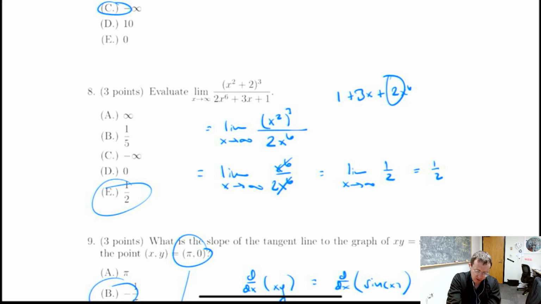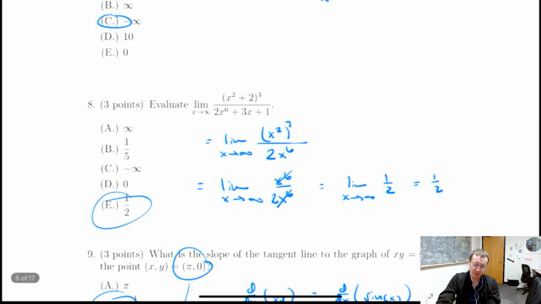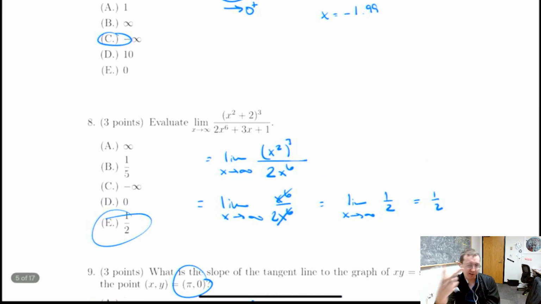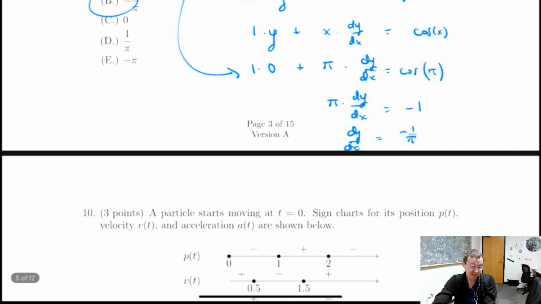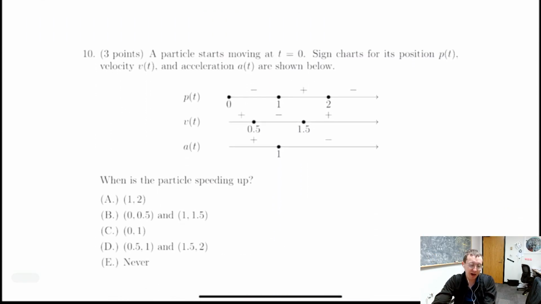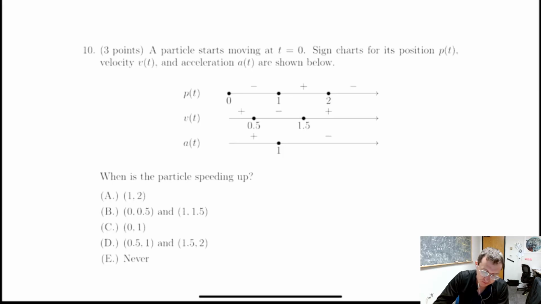It's the largest exponent, not just the first one. Occasionally on these exams, you might see the terms in increasing order instead, just to test whether you know it's the highest power, not just the first term.